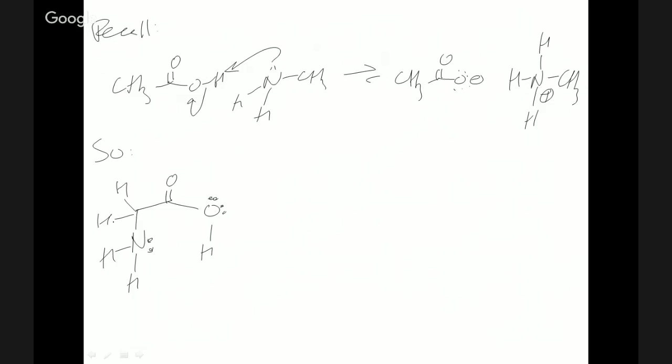This is glycine. You probably heard of it. It's an amino acid. It's the simplest amino acid. Now, instead of a 4-membered ring, we can show intramolecular deprotonation. This nitrogen will deprotonate the hydrogen and will form the zwitterionic form that is actually the stable or common state of amino acids at neutral pH.